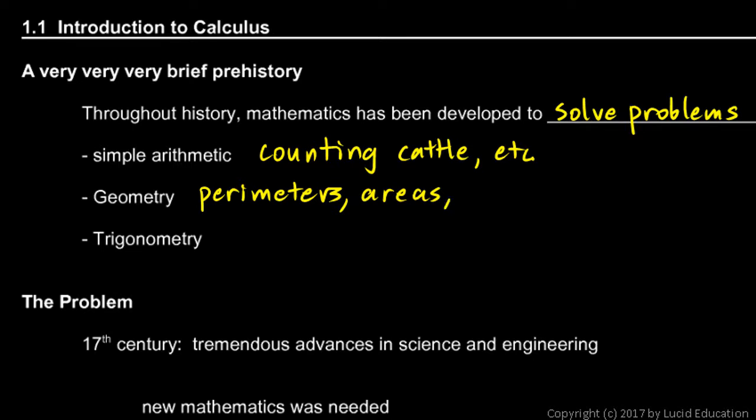Also calculations of volume. Obviously, numerous practical applications to the theorems that we learn in geometry. Trigonometry was originally developed to solve certain problems in astronomy and also is very useful in navigation.